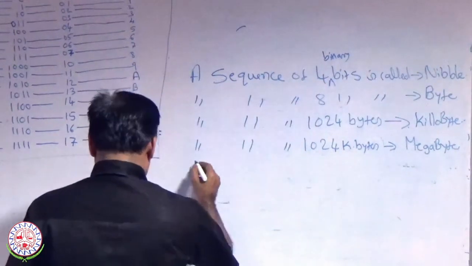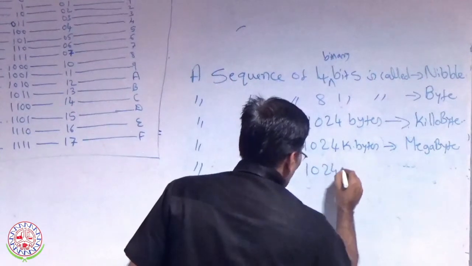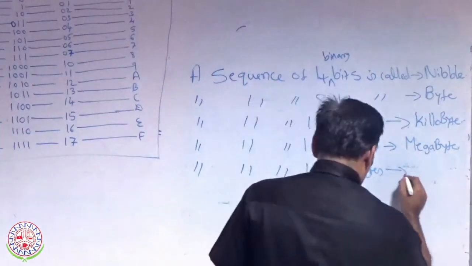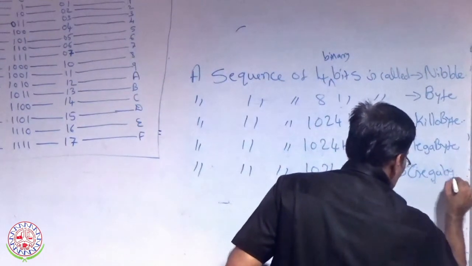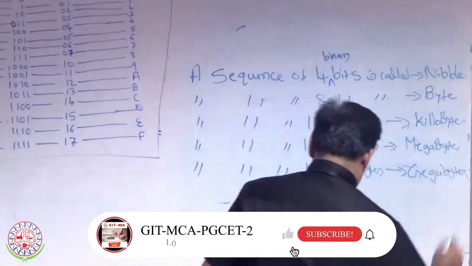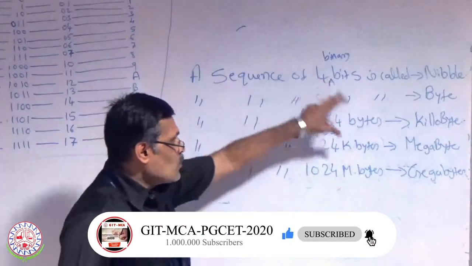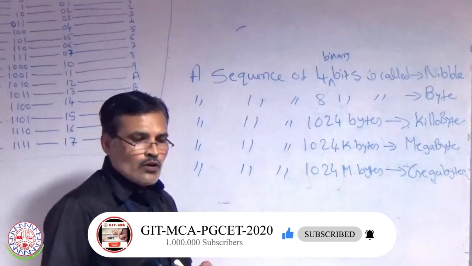Similarly, a sequence of 1024 megabytes is known as 1 gigabyte, and so forth. These are a few technical terms in terms of data that you need to remember.